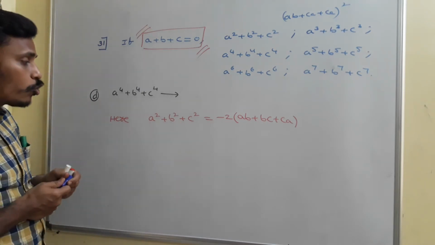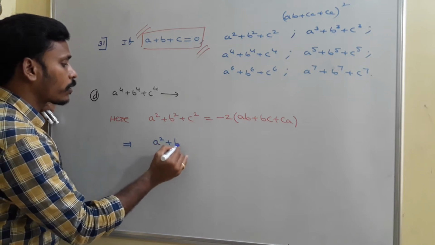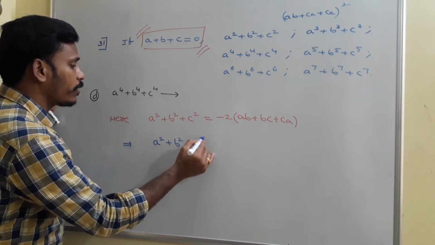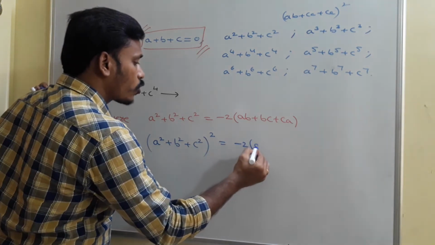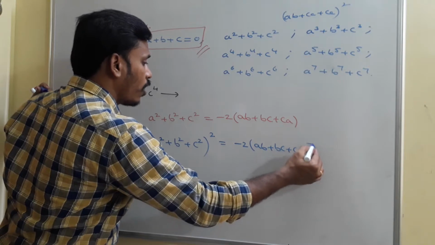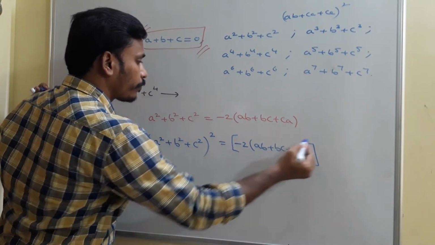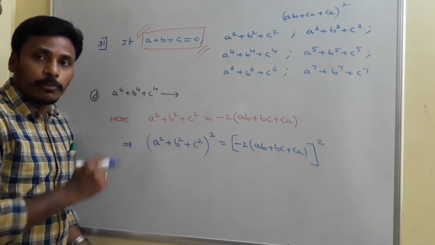And now you just do squaring on both sides. If you do squaring on both sides, a square plus b square plus c square whole square is equal to minus 2 times of ab plus bc plus ca whole square. What did I do? Just applied square on both sides.